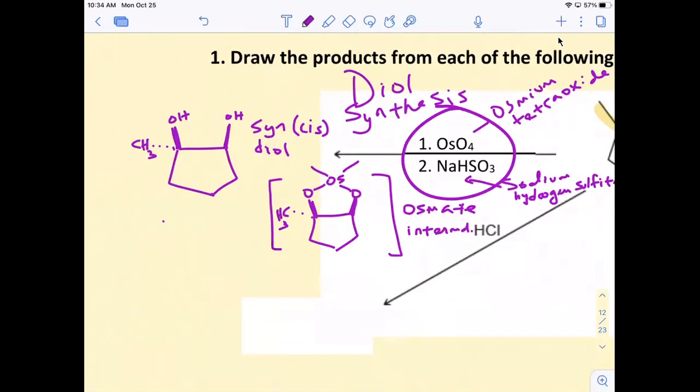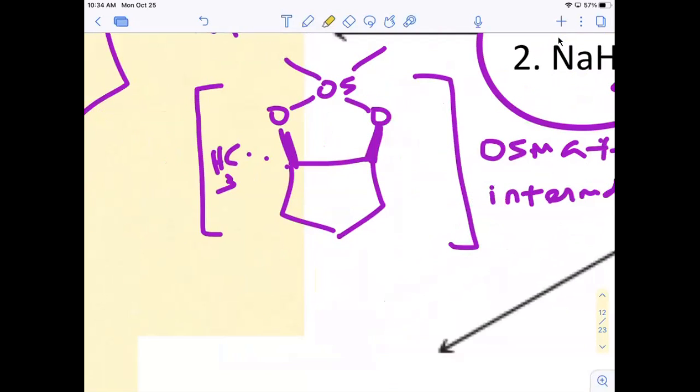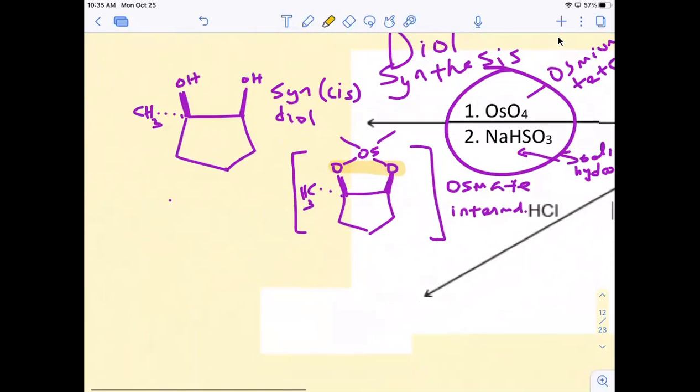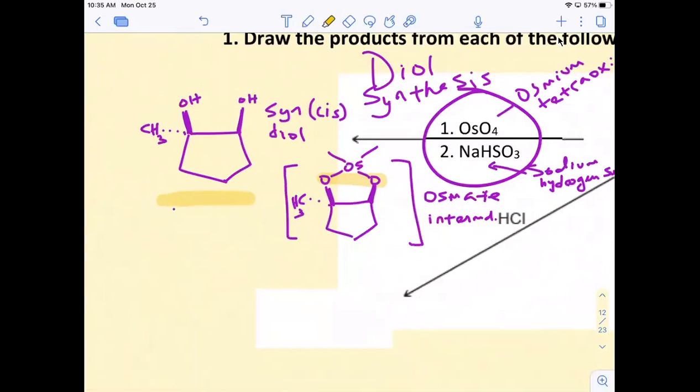And then the second step, the sodium hydrogen sulfide, is used to break that up. So break up the osmate intermediate and also reoxidize it, because keep in mind, these oxygens that are here stay, because obviously they stay because you have a diol in the product. So the second step in the reaction is to break that intermediate up and release your diol, right?